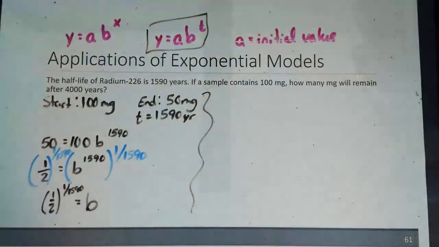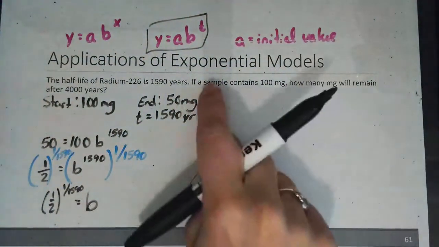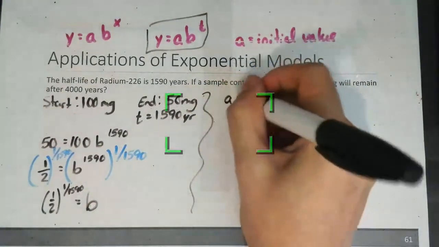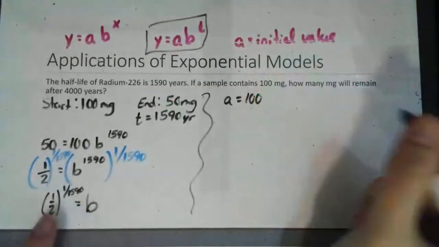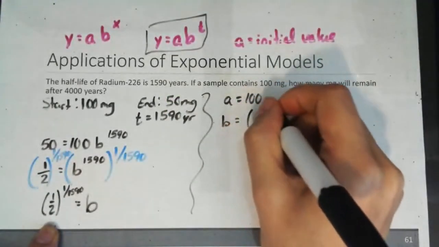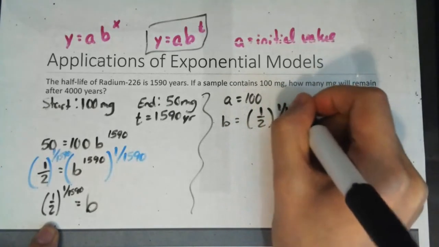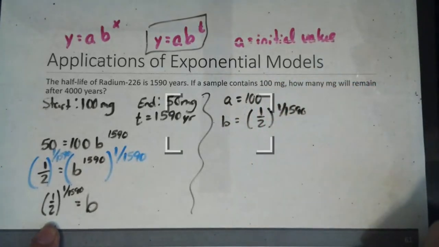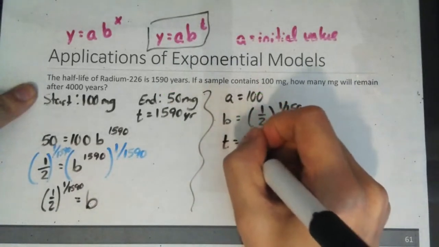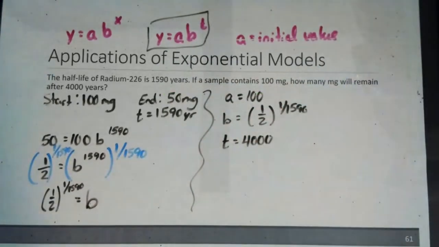So now we can actually attack the problem at hand. It says if a sample contains 100 milligrams, so that's what we're starting with, we know that our b value is 1/2 raised to the 1 over 1,590. It wants to know how many milligrams will be remaining after 4,000 years, so we're going to use t equals 4,000.